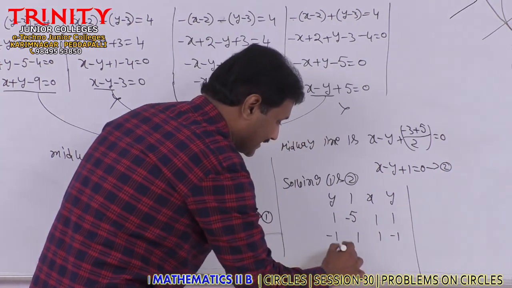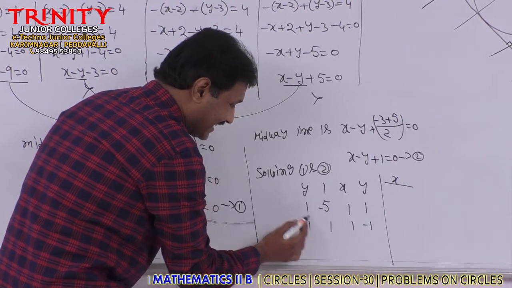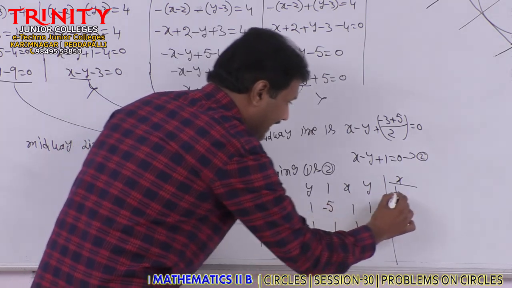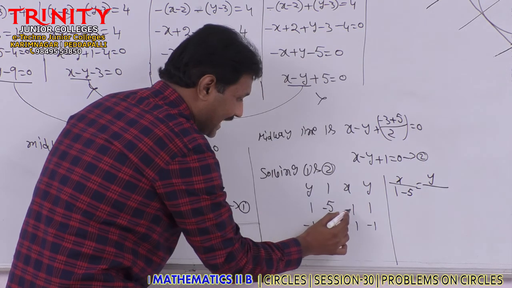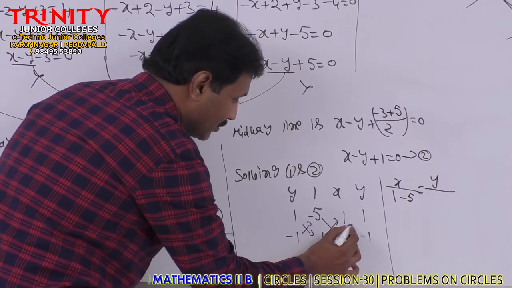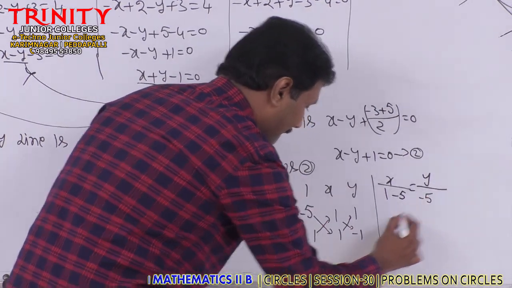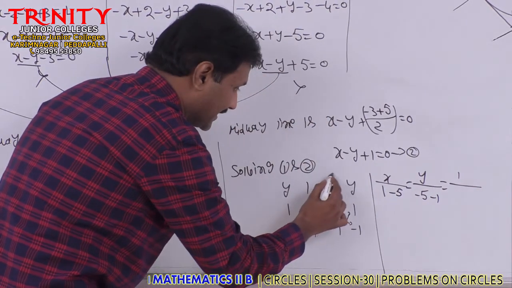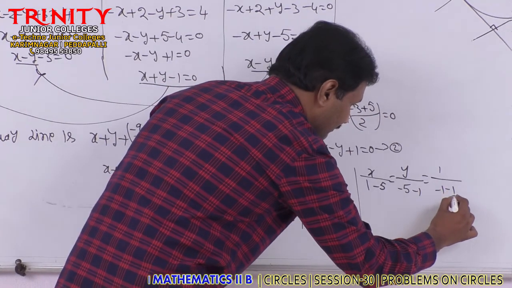Therefore, x by AD minus BC, that means 1 minus 5 equal to y by A, B, C, D. This is the arrow method. By using the arrow method, minus 5 minus 1 equal to constant by A, B, C, D minus 1 minus 1.